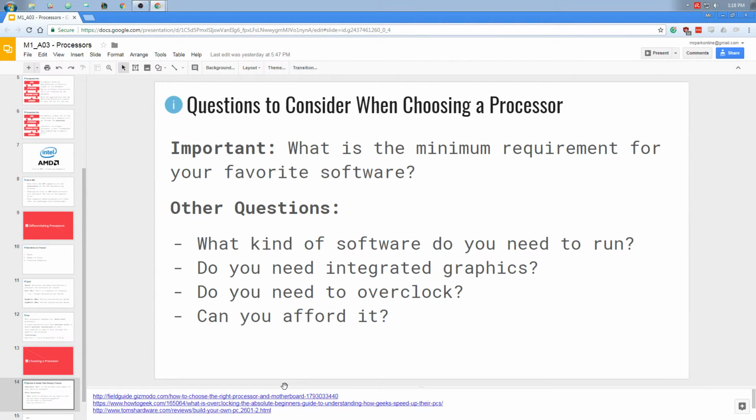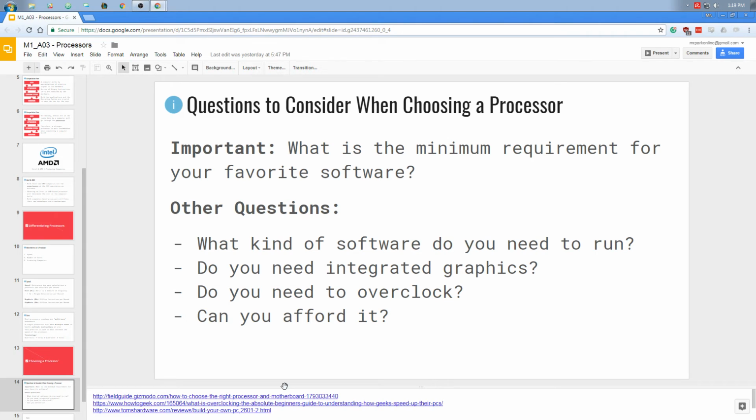Do you need integrated graphics? Most processors these days will come with integrated graphics, and they won't be the best graphics, but they do come with it. So you might want to consider getting the best one possible, or using the money to get a graphics card later on. Do you need to overclock? If you need to push the upper boundaries of your processor, you need to get a processor that is able to overclock.